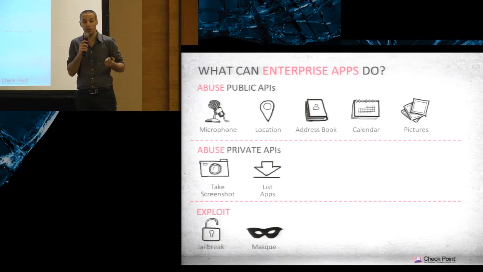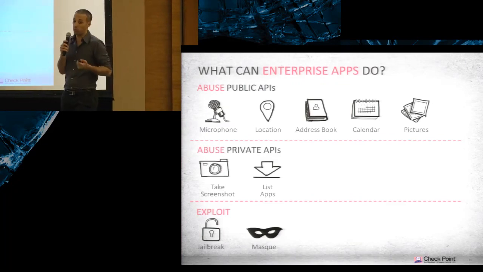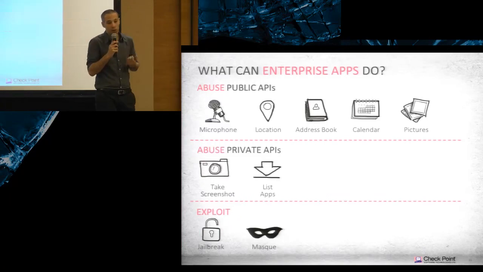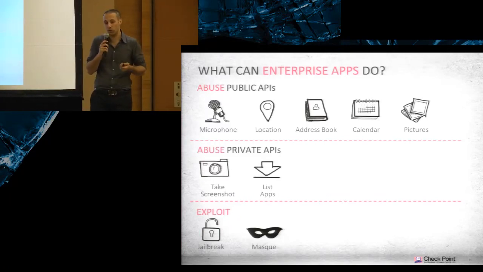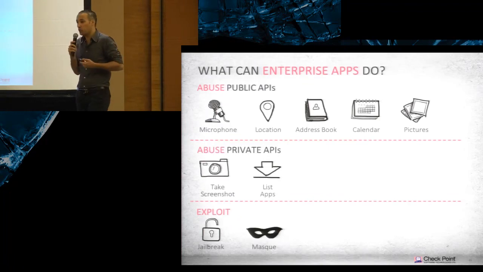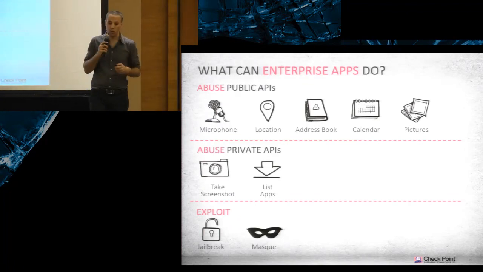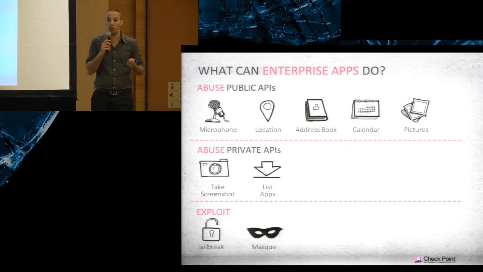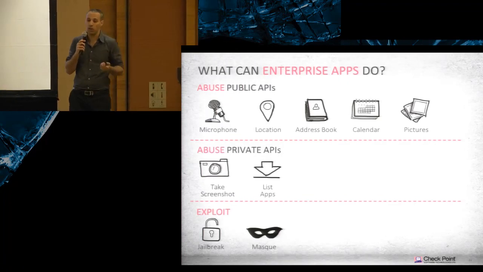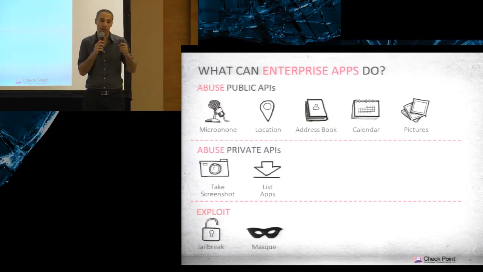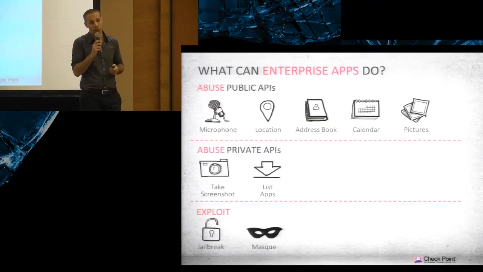Usually they are not documented, and Apple doesn't permit you to use them, specifically if you are going through the App Store. But if you are doing it with an enterprise application, you can just ignore that and use these APIs in order, for example, to take screenshots. So if I have a secure container and I use it to read my email, this malicious enterprise application can still take a screenshot and upload it to my server.